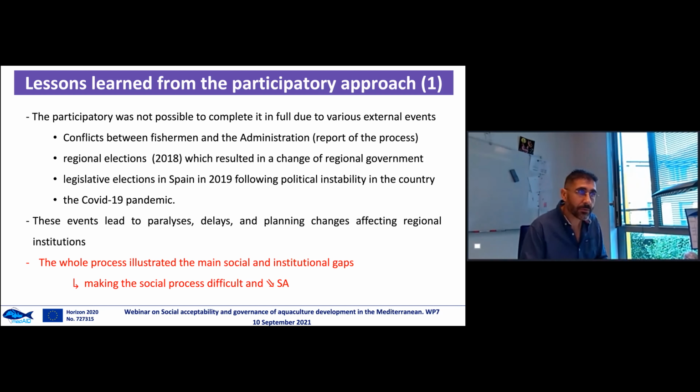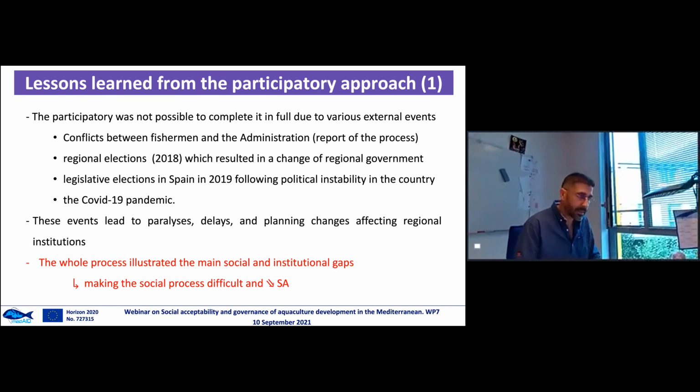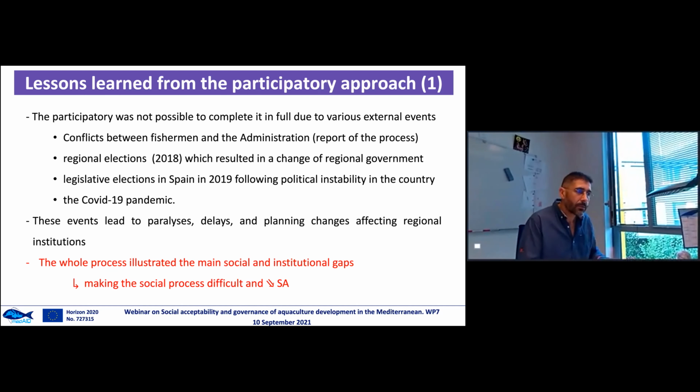So we had delays, changes, and in the end, we could analyze the situation using the different studies that we had conducted, and we identified some failures in these institutional processes so that we can incorporate from now on the social dimension.